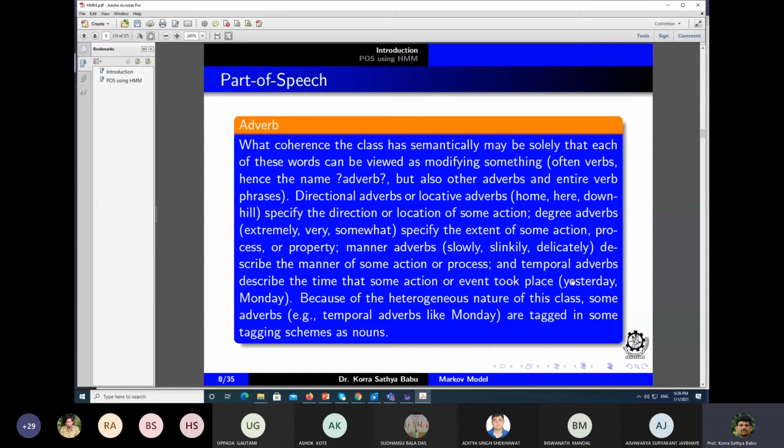Similarly, a particle resembles a preposition or an adverb and is used in combination with a verb. Particles often have extended meanings that aren't quite the same as the prepositions they resemble.